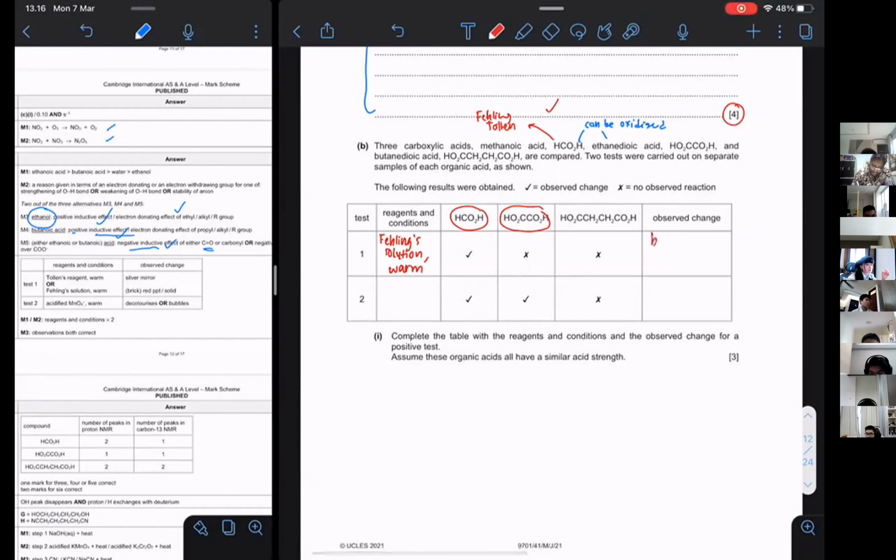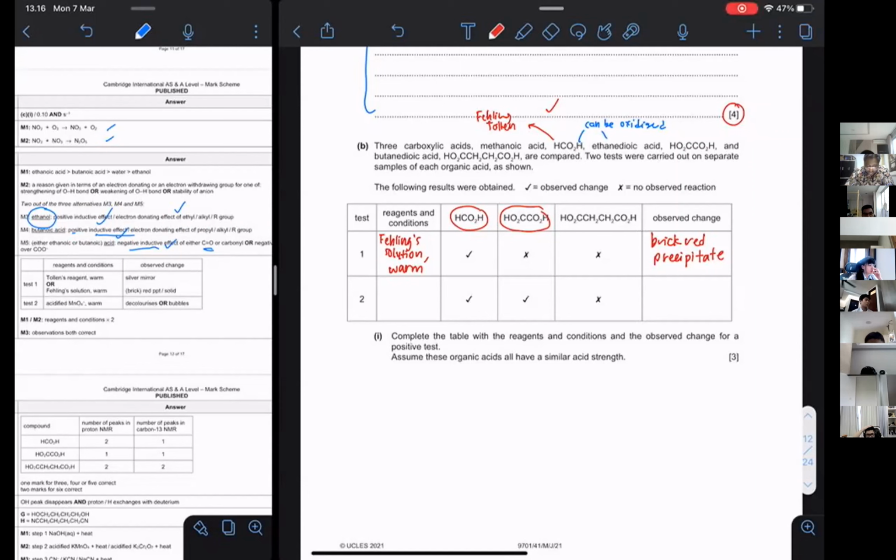If you use Tollens' reagent, then you are going to get silver mirror formation. So it is up to you which one you want to use.